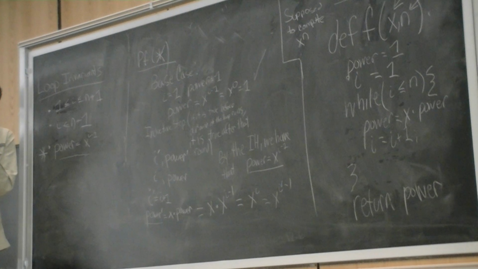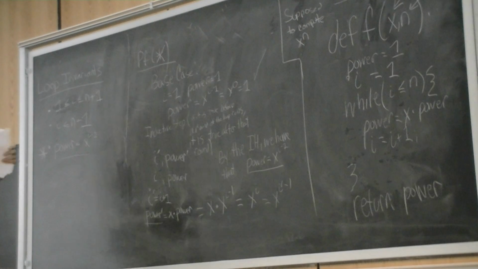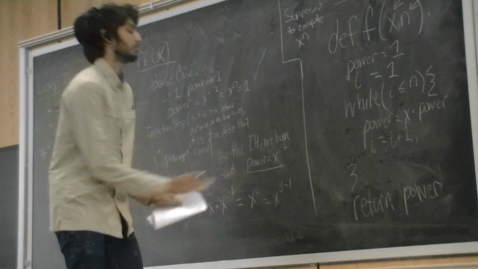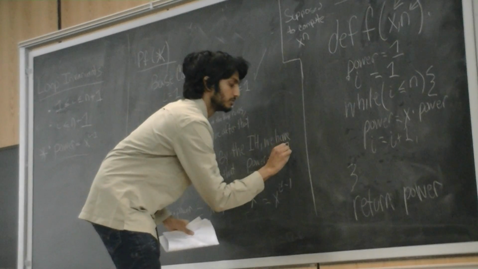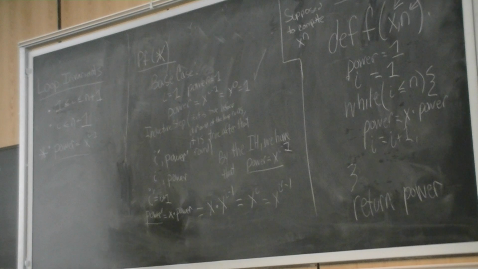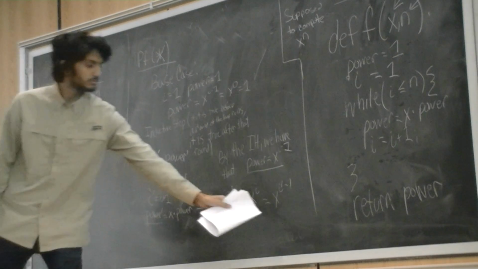Yeah. You have a question? Yeah, why for the inductive hypothesis do we have it as power is equal to x to the I minus 2? Oh, I'm sorry, this is supposed to be 1. Okay. My bad. So once x to the power of I prime minus 1, that's that part over there.